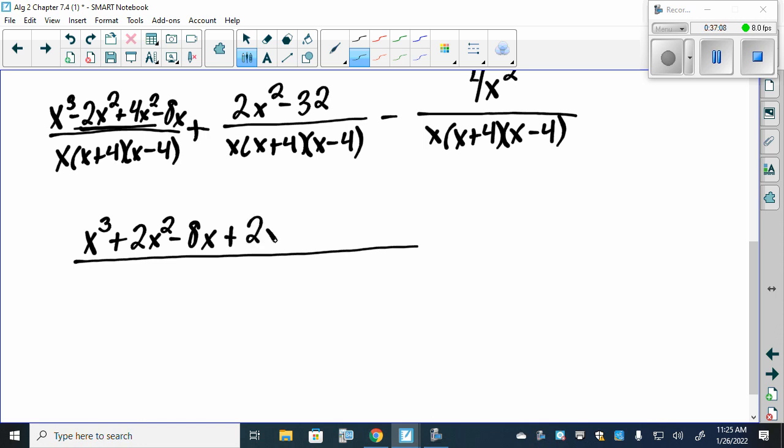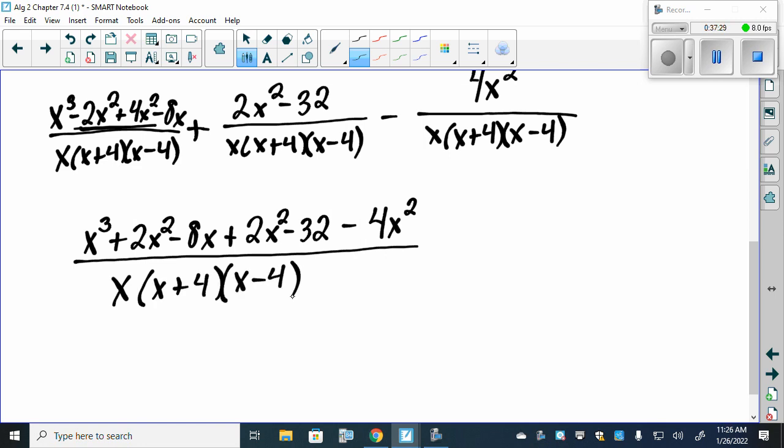Plus our middle one is 2x squared minus 32 minus 4x squared, all over x times x plus 4 times x minus 4.